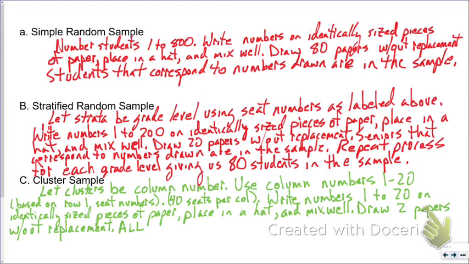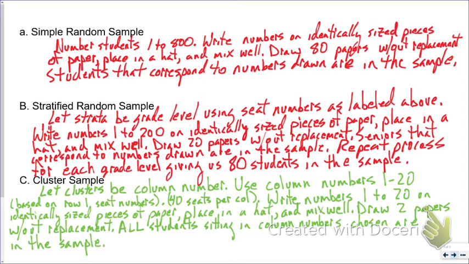All students sitting in column numbers chosen are in the sample. Remember, there's 40 students in one column, so that gives us 80 in our sample.